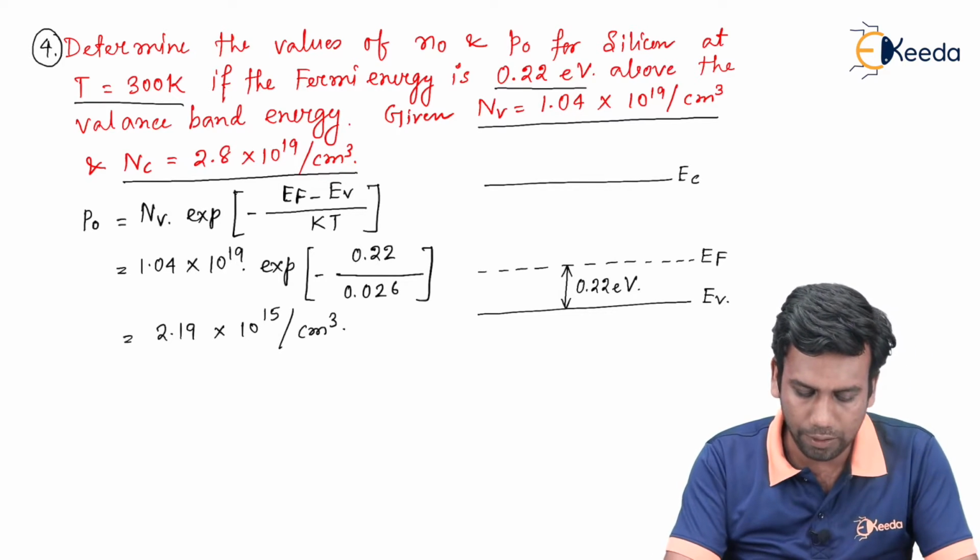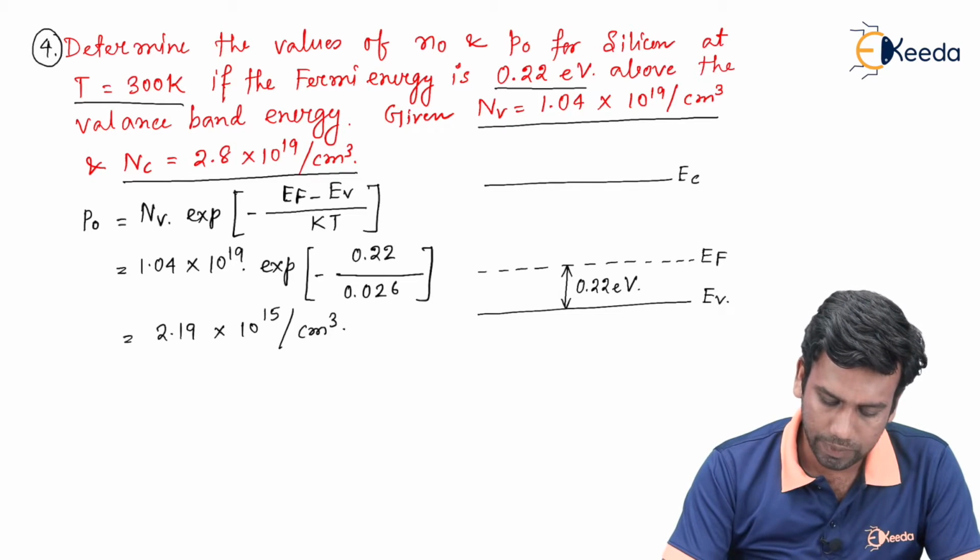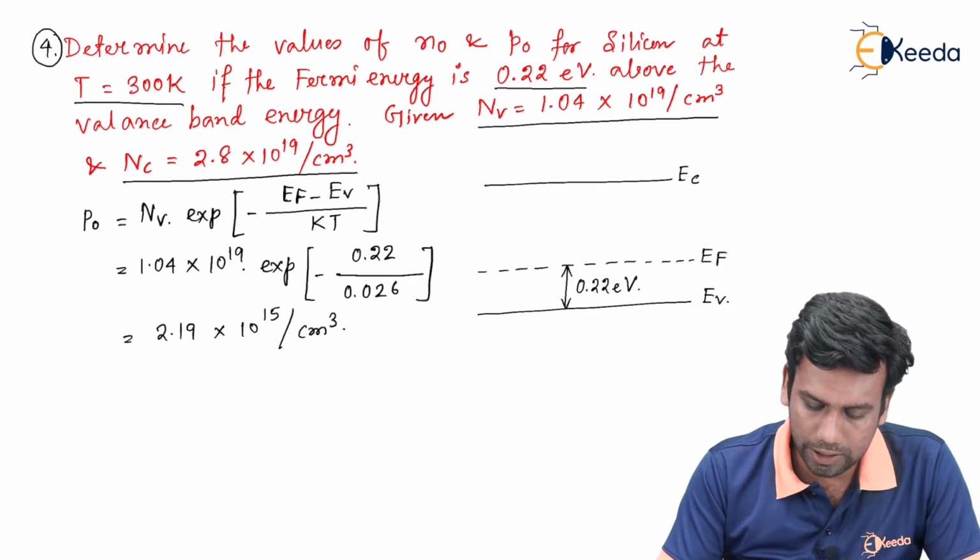So this will be the value of P0 in the semiconductor.